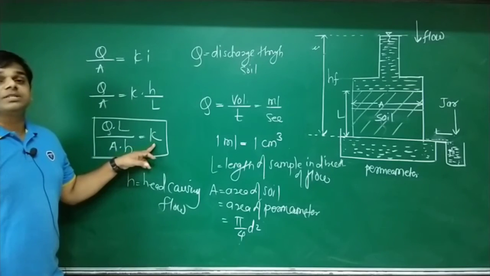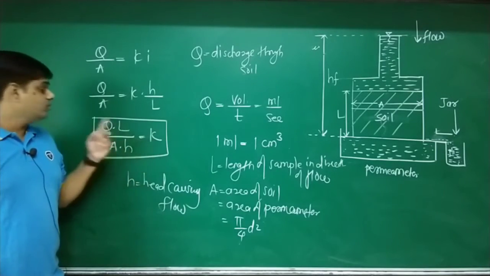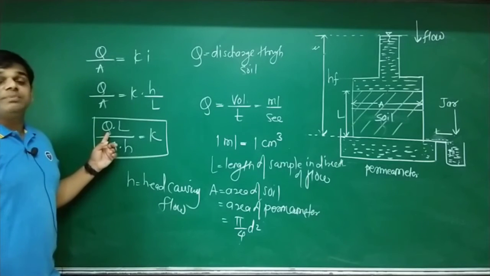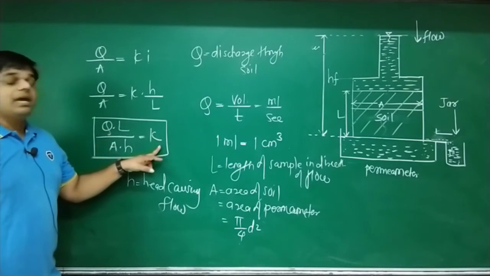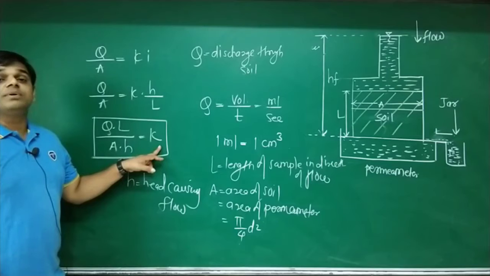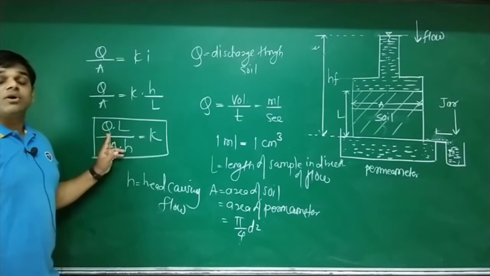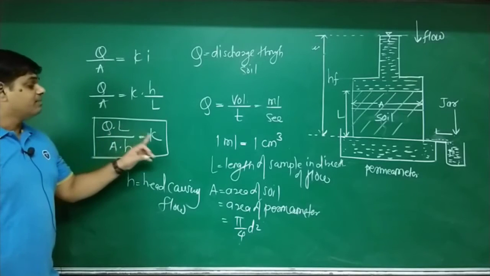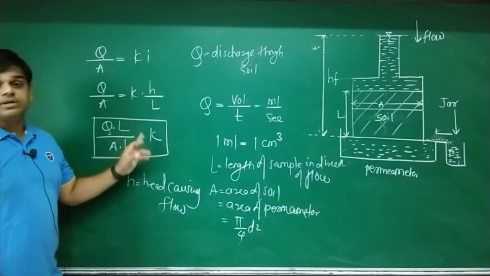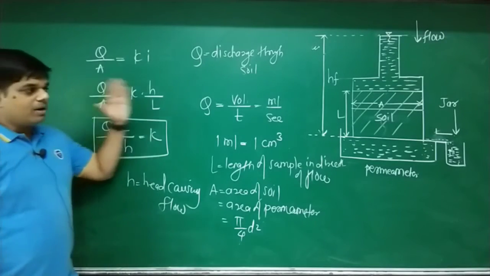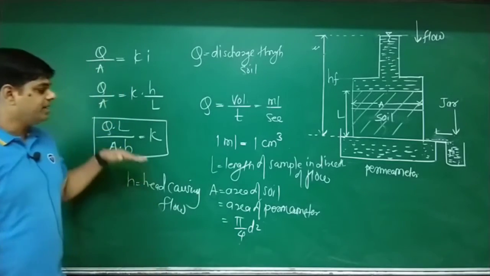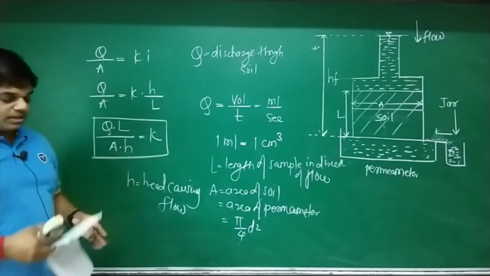Then permeability corresponds to the unit assigned to discharge. If discharge is in meter cube per second, then K permeability is in meter per second. If discharge is entered in the expression in cm cube per second, then permeability is in centimeter per second. So this is all about the expressions for finding the permeability by using the constant head method.